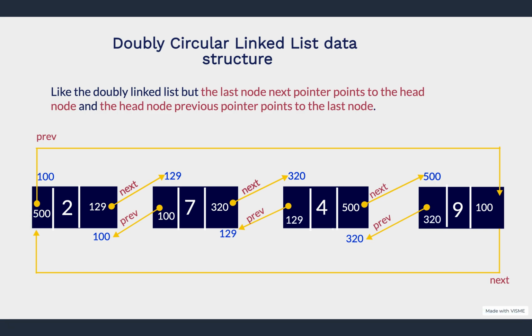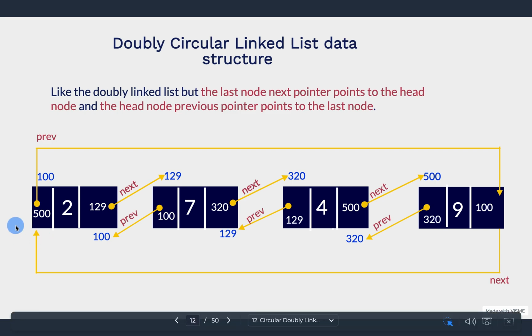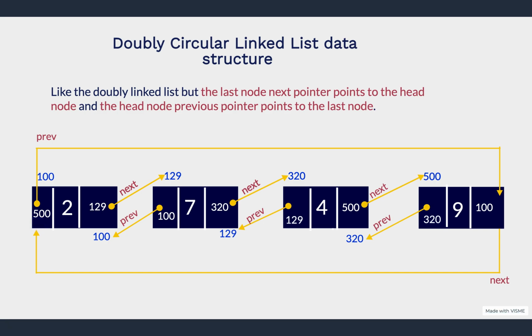So that is what makes a linked list doubly circular. We can reference the head from the tail, and we can reference the tail from the head.